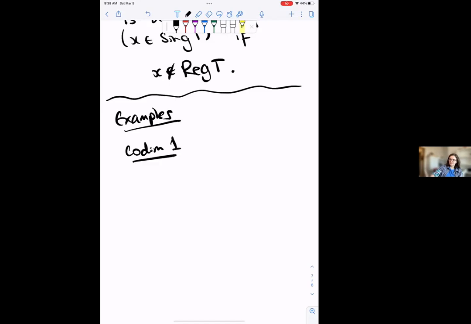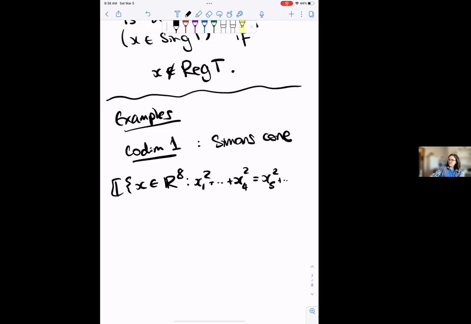This is the cone over the product of spheres S3 cross S3, which you can write as the points in R8 such that the sum of the first 4 components squared is equal to the sum of the last 4 squared.